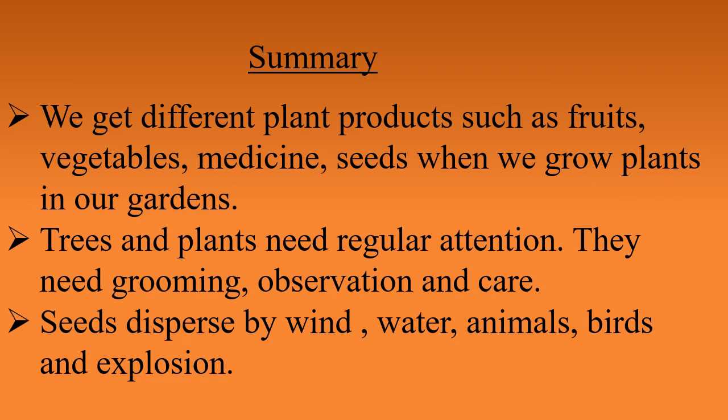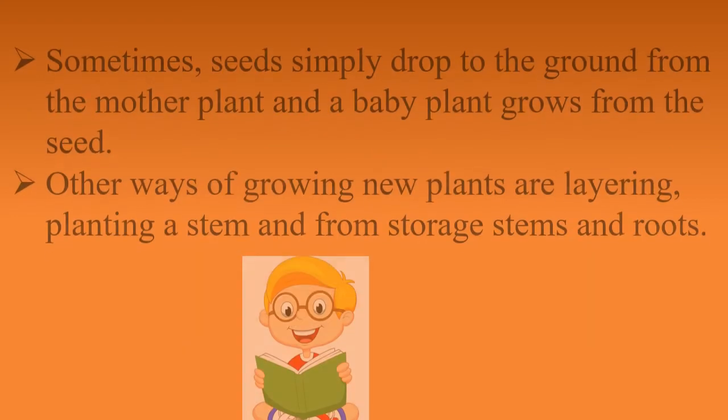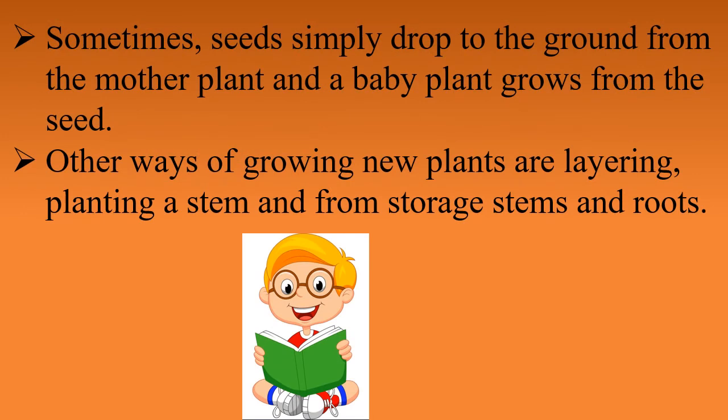Seeds are dispersed by wind, water, animals, birds and so on. Sometimes seeds simply drop to the ground from the mother plant and a baby plant grows from the seed. Other ways of growing new plants are layering, planting a stem and from storage stems and roots.